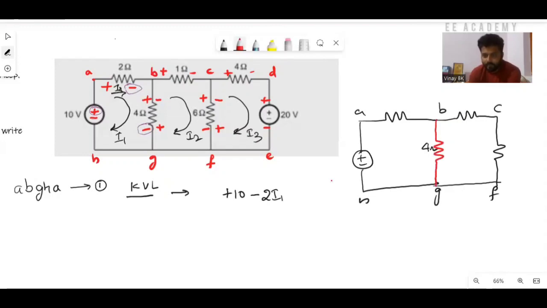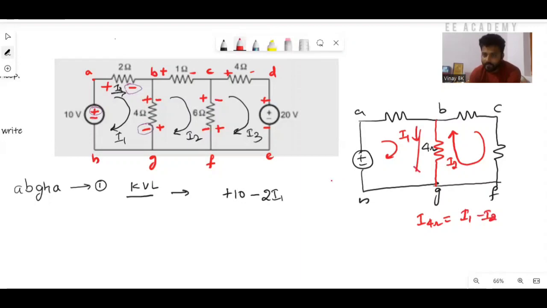In loop 1, I1 is flowing from B to G, but in loop 2, I2 is flowing from G to B. So the current flowing through the 4 ohm, that is I 4 ohm, we can write as I1 minus I2.